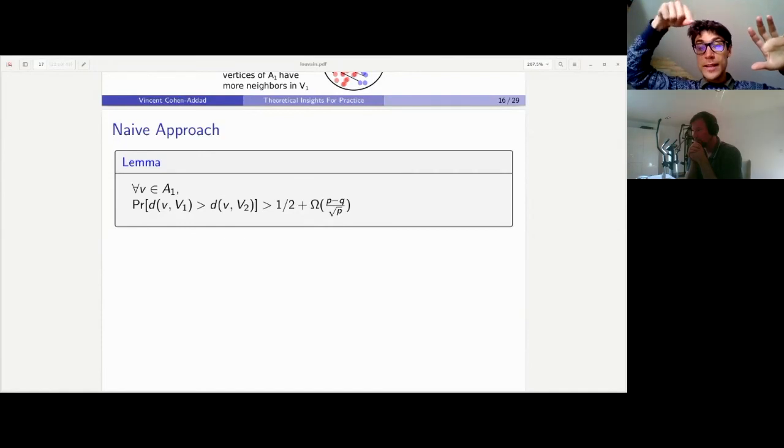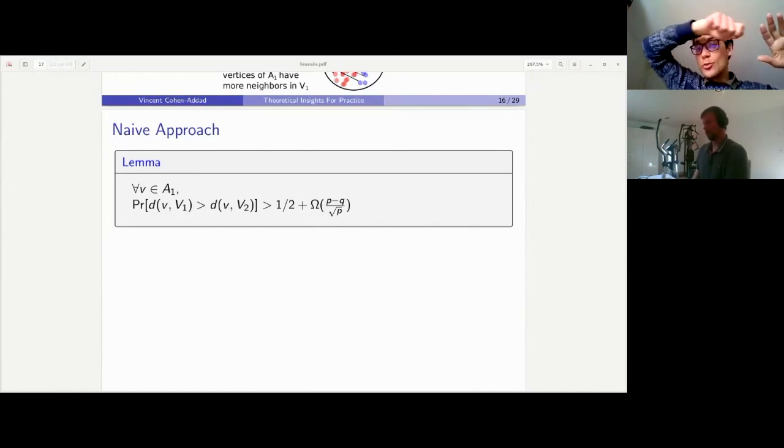Because if I'm another vertex and I compare one tiny part with one big part, even though the tiny part in proportion can contain more vertices of my own community, if you just count the number of vertices, then you are tempted to go to the bigger one just because it's bigger, not necessarily because of the P and Q.